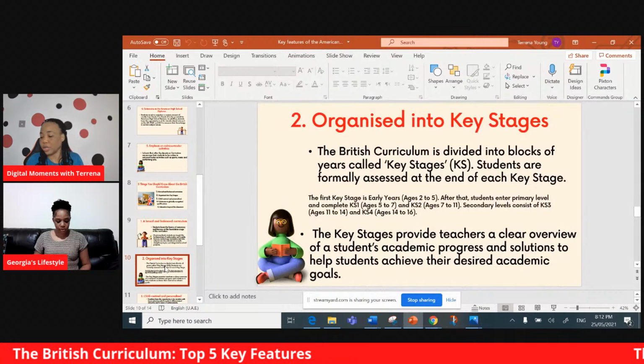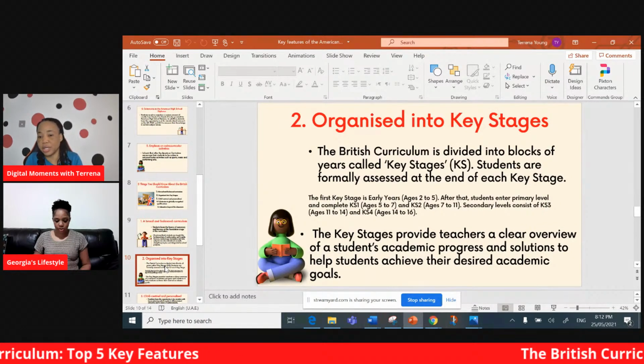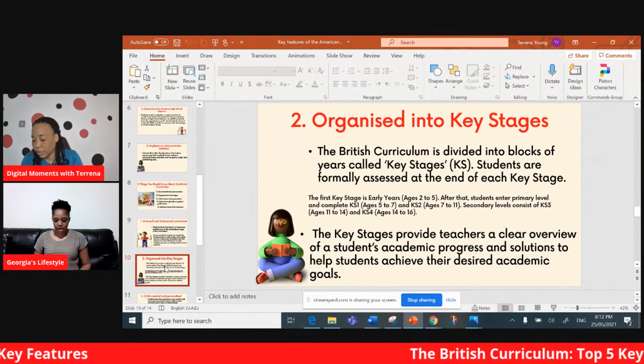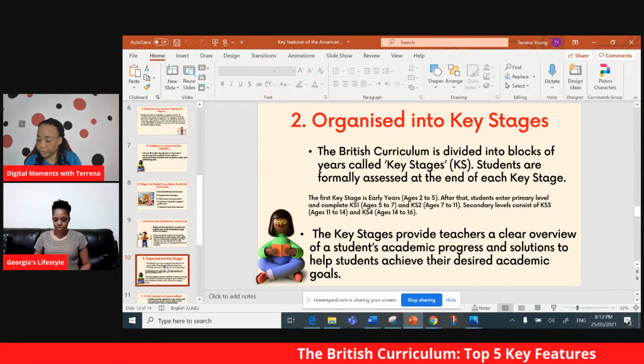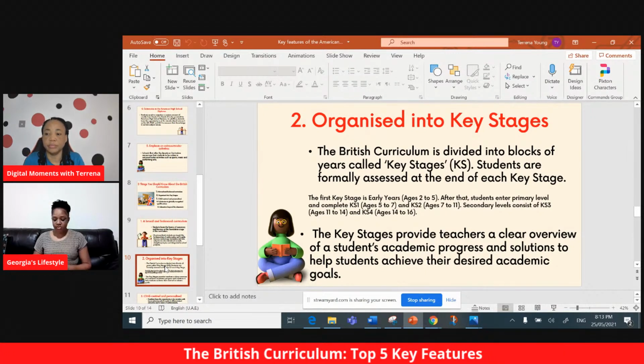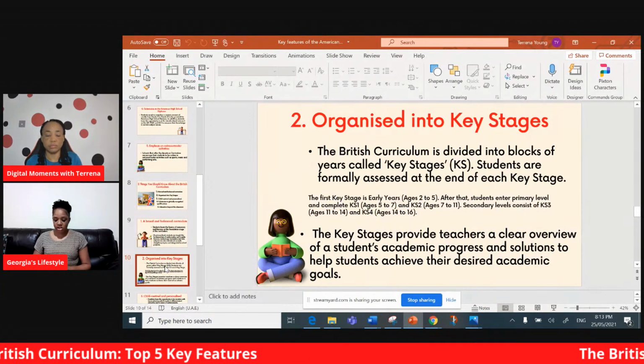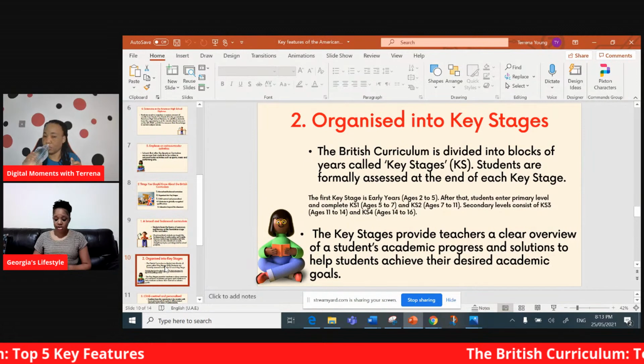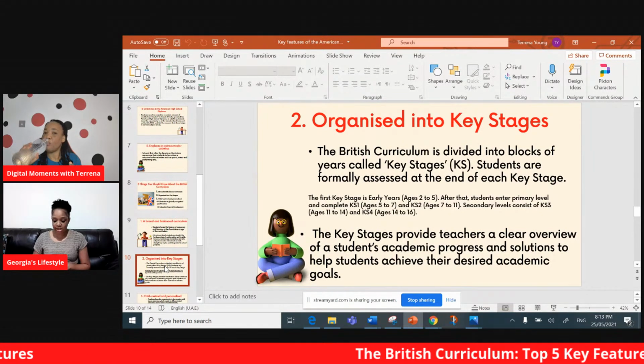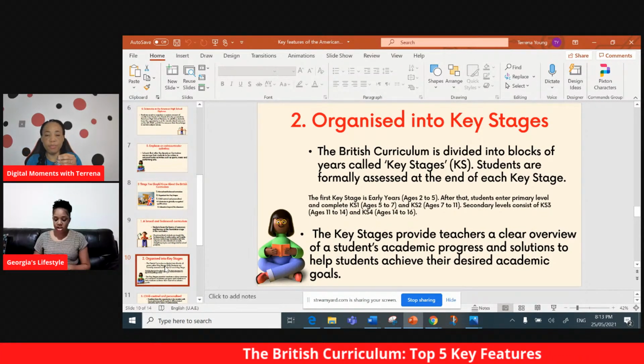All right, you can talk about the key stages. Yes. So the British curriculum is divided into blocks of years called key stages, or KS. Students are formally assessed at the end of each key stage.